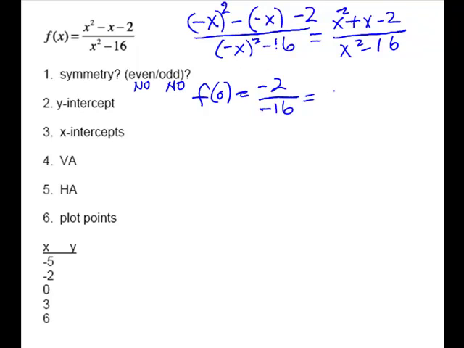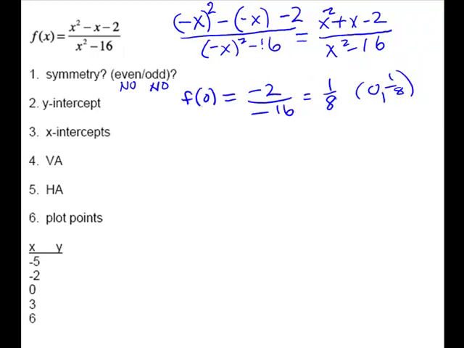This will reduce to 1/8, and the two negatives will give you positive. So positive 1/8. So this is 0, 1/8. That is your Y-intercept.